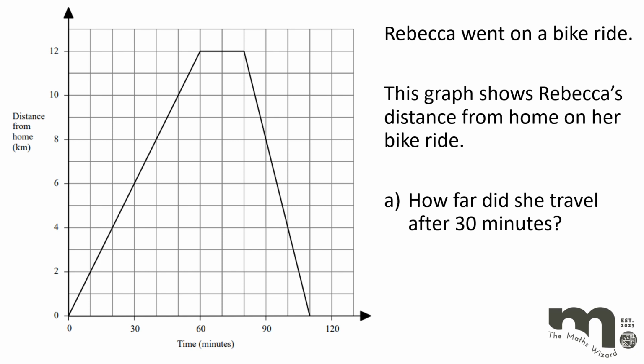Okay, first question then, we want to know how far she went after 30 minutes. Well, that's going to be 6 kilometers. And the reason it's 6 kilometers is because if we go to 30 minutes and we follow the line up, we can see here that the line is meeting the distance at 6 kilometers.